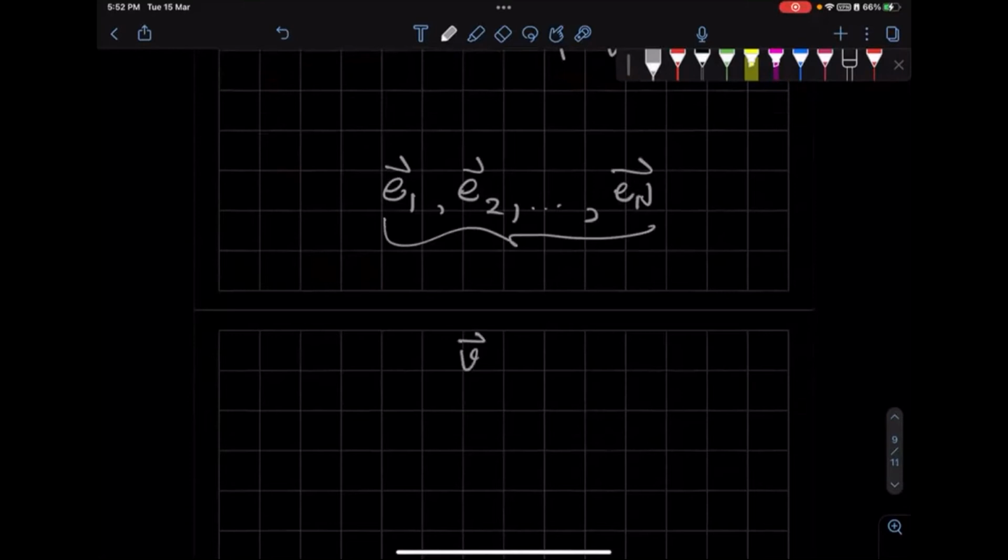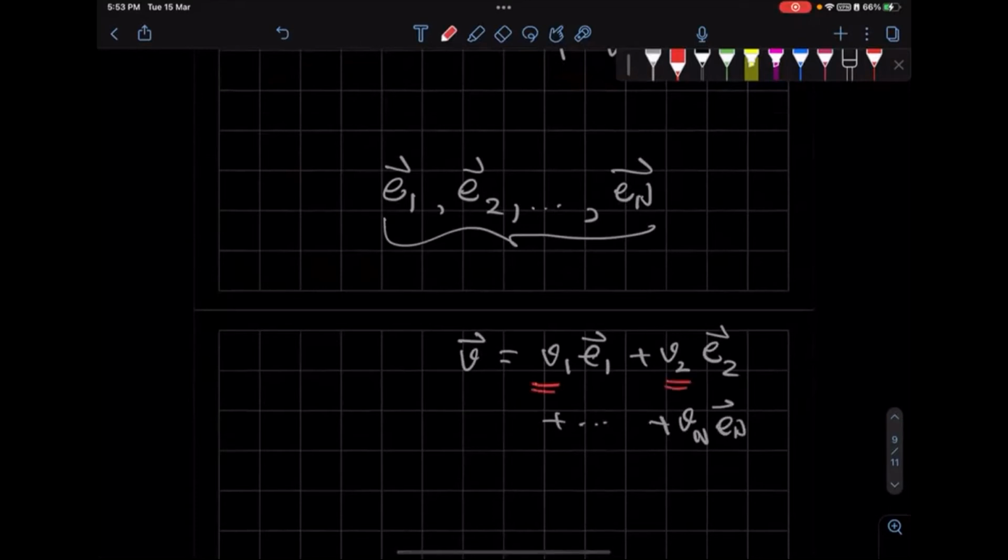So when we say V is V1 E1 plus V2 E2 plus ... Vn En, now these coefficients have to be chosen from the field. They cannot be chosen arbitrarily. So if you're considering a vector space over the reals, then these V's have to be real numbers. If you're considering the field to be the complex numbers, they can be complex numbers. And if the field is the rationals, then they have to be rational numbers.